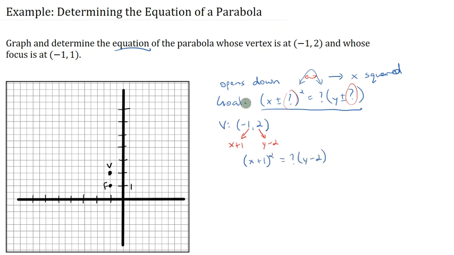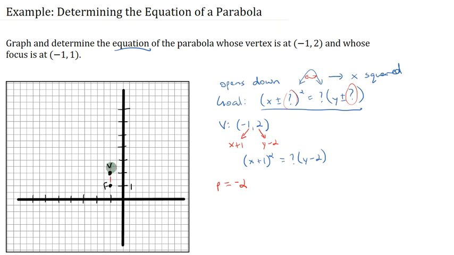We're almost done with the equation. Now, from our vertex and our focus, we can get a couple different things. We can get our p-value, which is the distance between our vertex and our focus. Since I'm going down, I'll say p is -2.